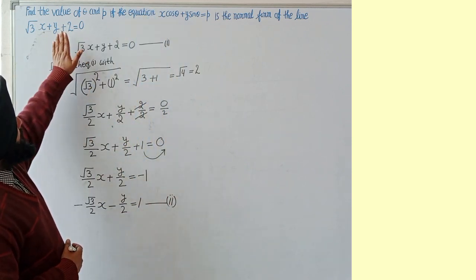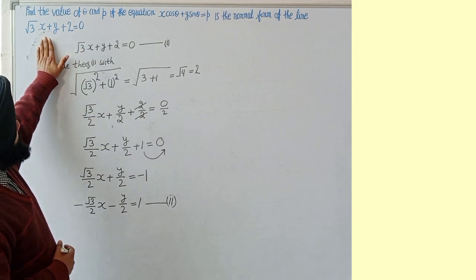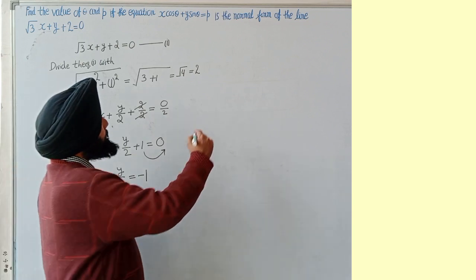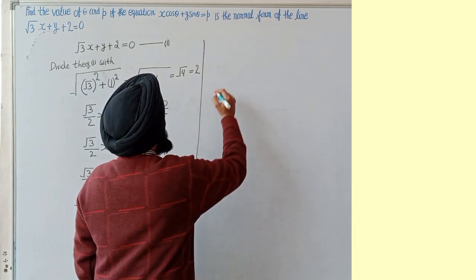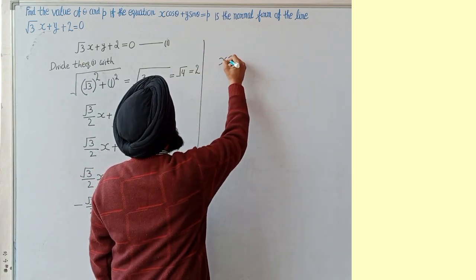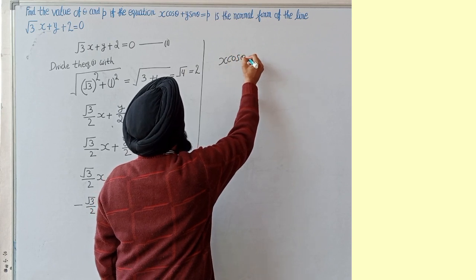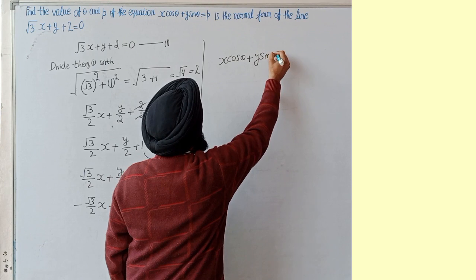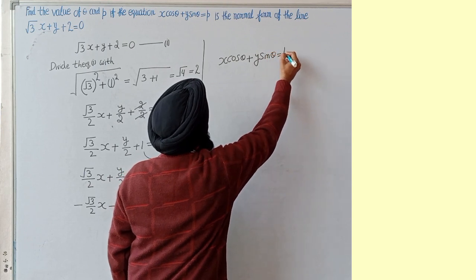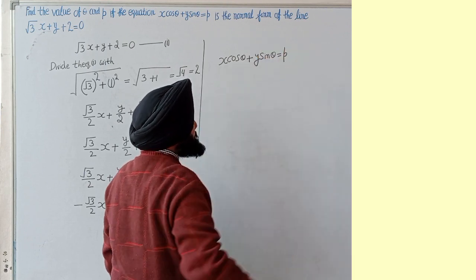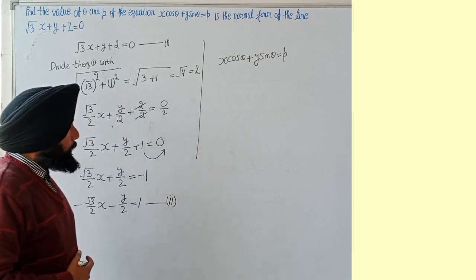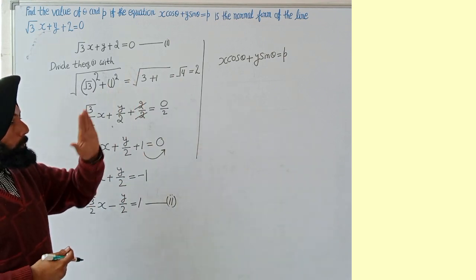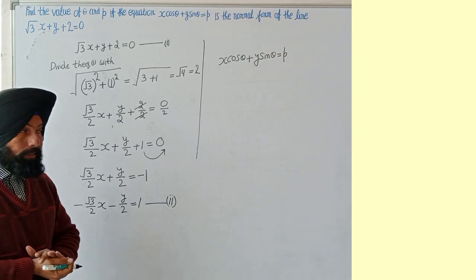Now, the normal form of a given equation is x cos theta plus y sin theta equal to p. Now compare this equation with the normal form of the equations.